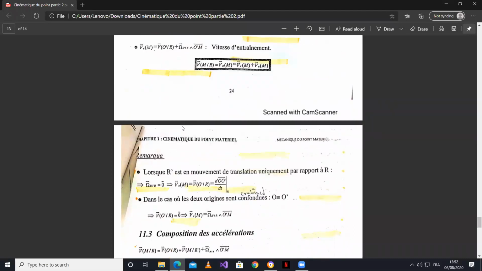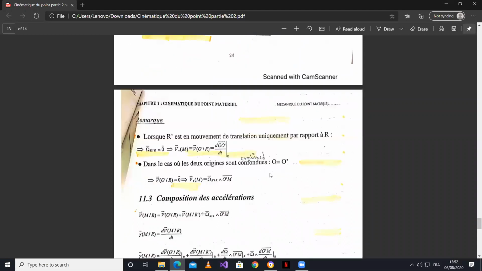Then, dans le cas où les deux origines sont confondues, I know in the diagram I drew, there were two origins. We had origin O and origin O', but sometimes the two referentials can have the same origin, okay? So if they have the same origin, it means one repère is not being translated with respect to another because they are all fixed to the same origin. So the only possibility of movement between the two referentials is going to be rotation.